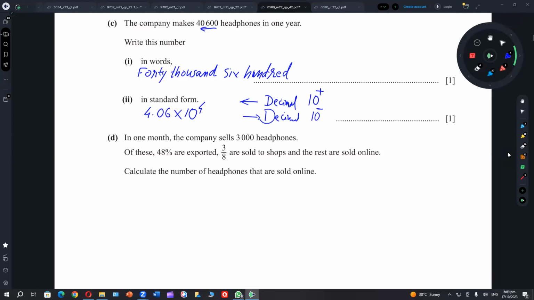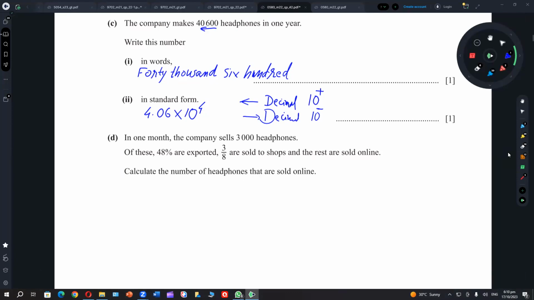In 1 month, the company sells 3,000 headphones. Of these, 48% are exported, 3/8 are sold to shops, and the rest are sold online. Calculate the number of headphones that are sold online.